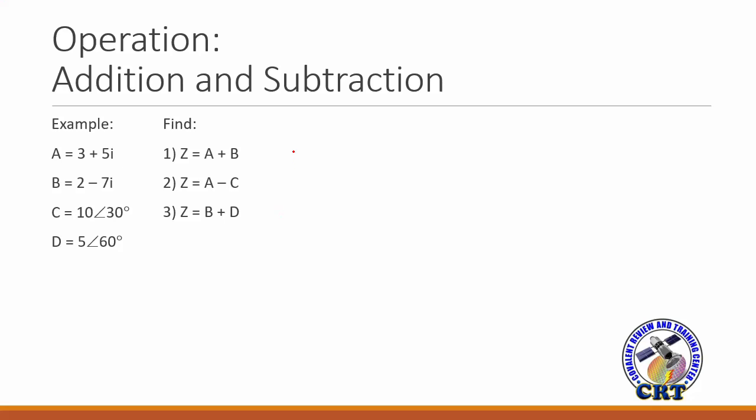Number 1, Z equals A plus B, wherein A is 3 plus 5i. Put parentheses for the groupings, plus B, this is 2 minus 7i. So to do that, since the operation is plus or even minus, we need the rectangular form of the complex number, but the given complex numbers are already in rectangular form.